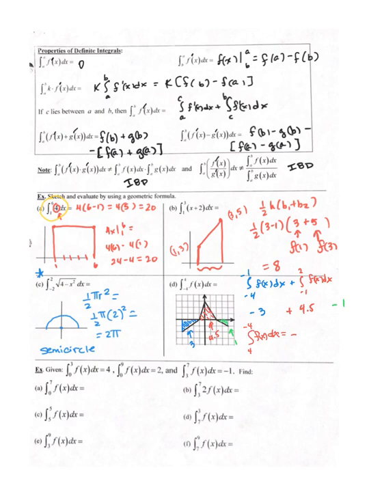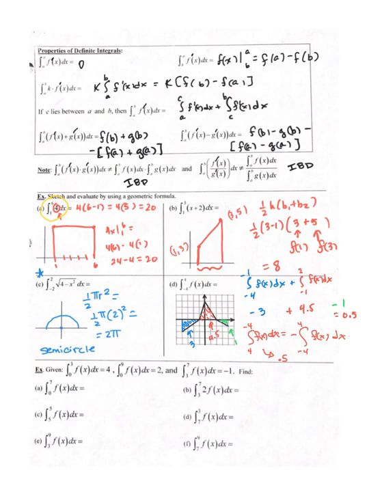This would just be the opposite of whatever our entire answer is from -4 to 4. So you do need to know that property, that those are opposites, okay? So anyway, I get -4 plus 4.5, so I end up with a final answer of 0.5 here. So that means that this would be -0.5.